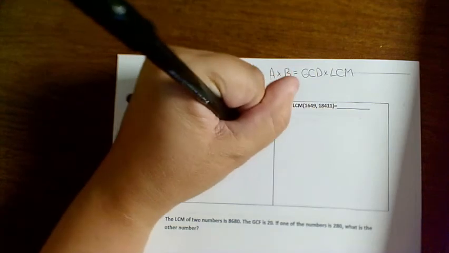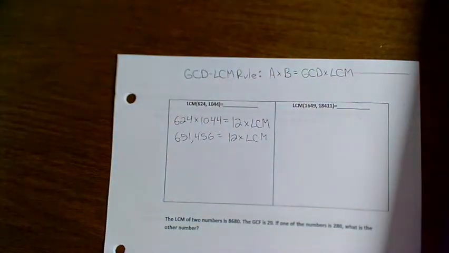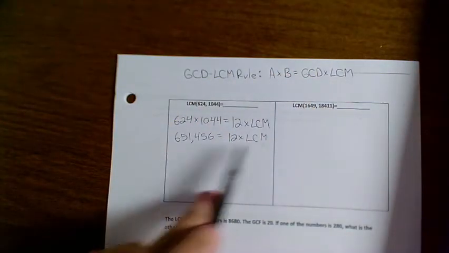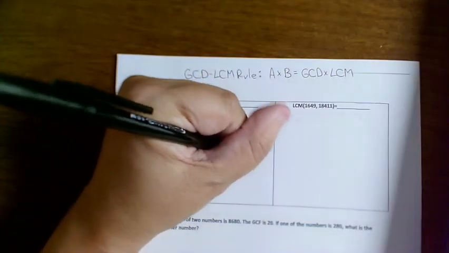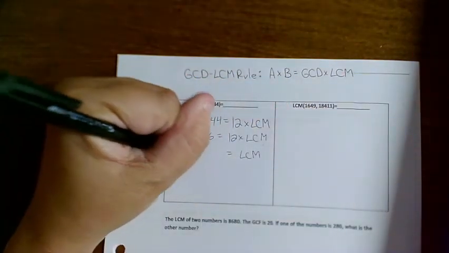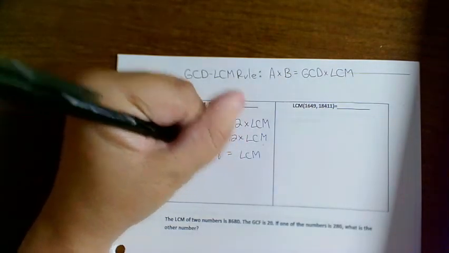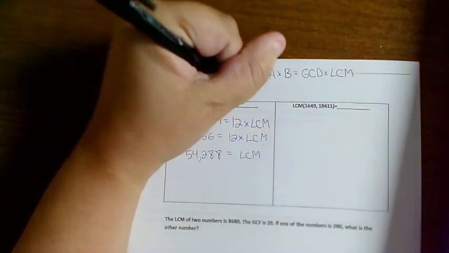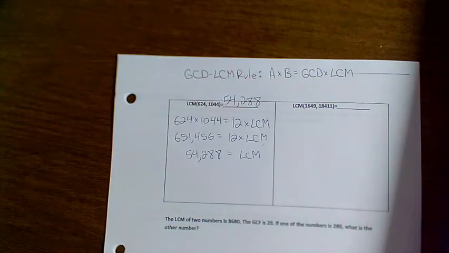So that should equal 12 times the LCM. So if you divide both sides by 12, the LCM is going to be 54,288. Okay, so using the GCD LCM rule.